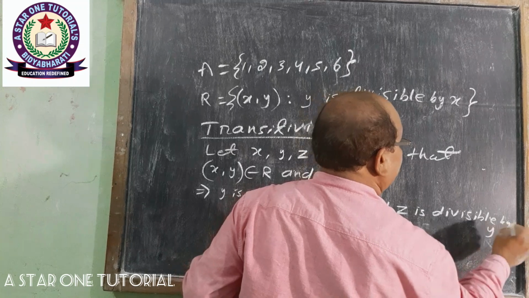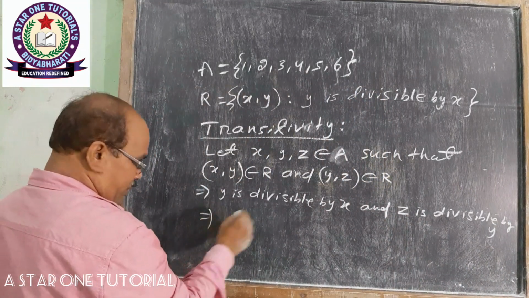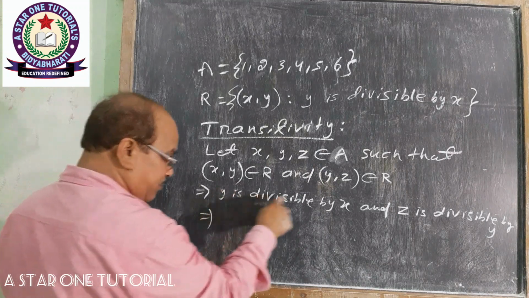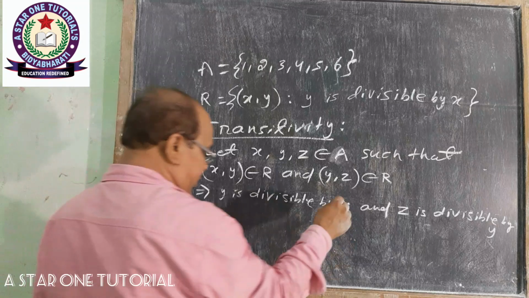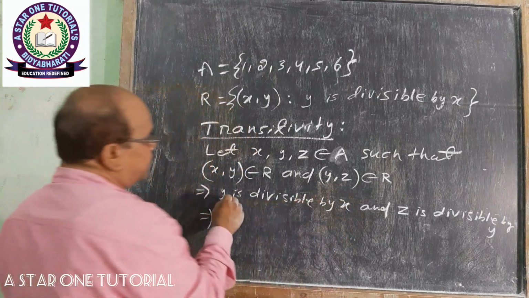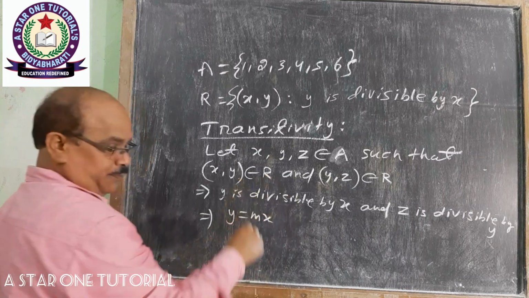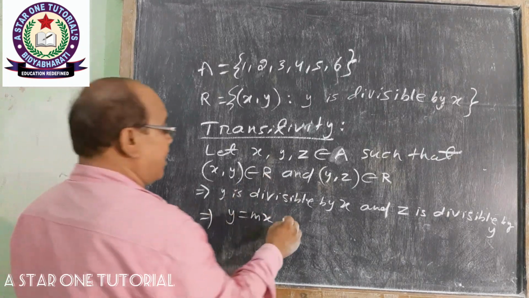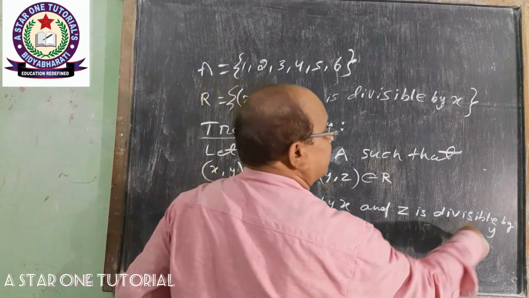That implies, since y is divisible by x, there must be some integer which when multiplied by x gives the product y. That means we can write y equals mx, where m is an integer, and z is also divisible by y.